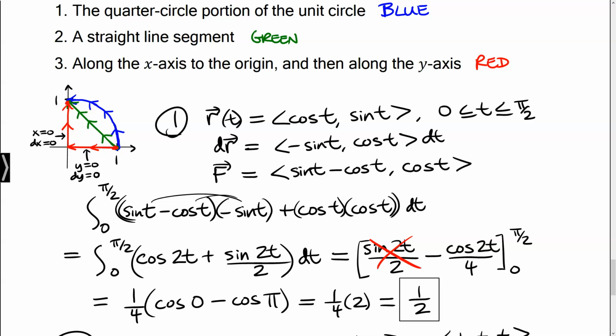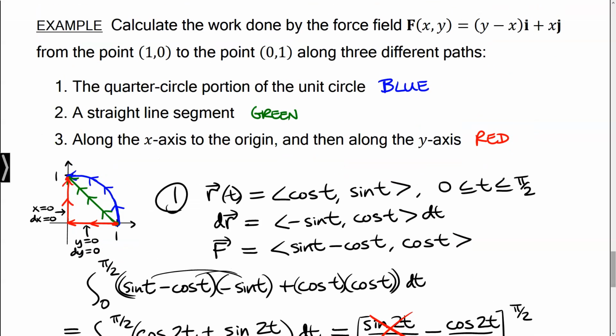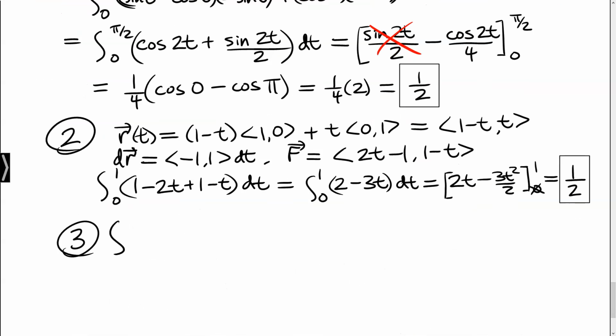So if we go and look at our integral back up here, if we're integrating F dot dr, so F dot dr is equal to the integral of y minus x dx plus x dy.